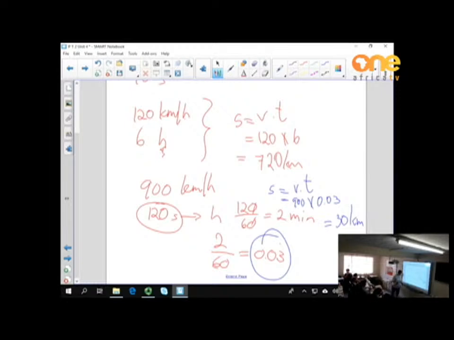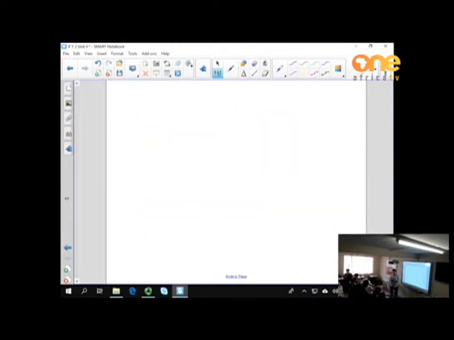Now, the next question. Draw a velocity time graph for a car moving with uniform acceleration from 10 meters per second to 20 meters per second.